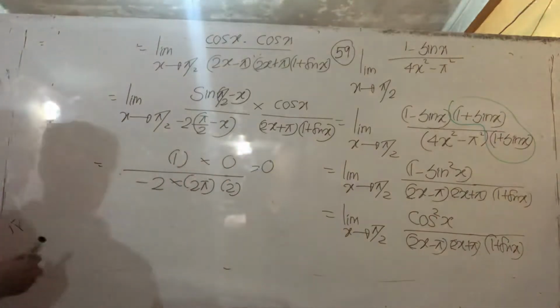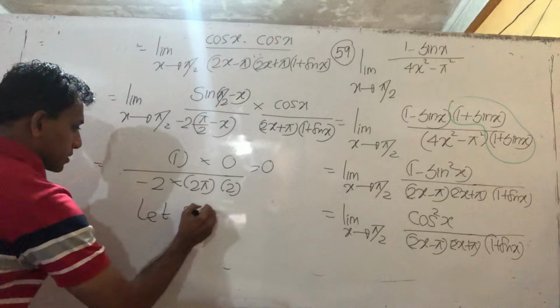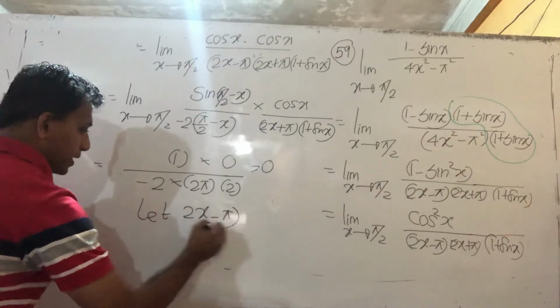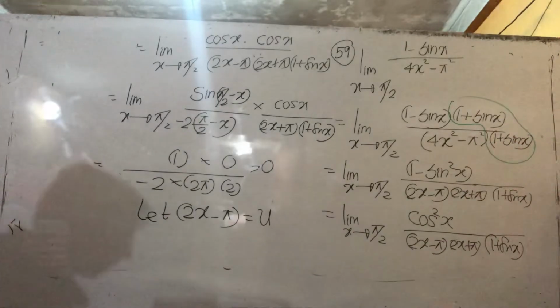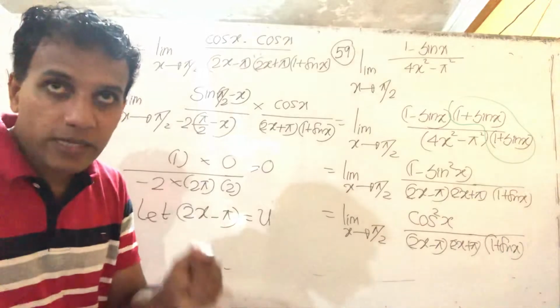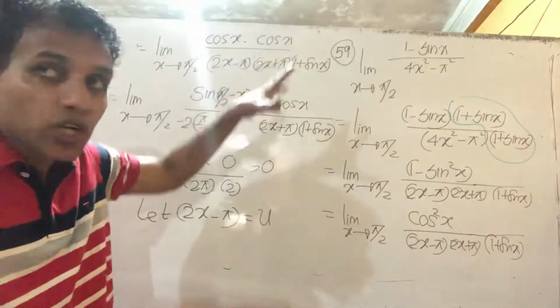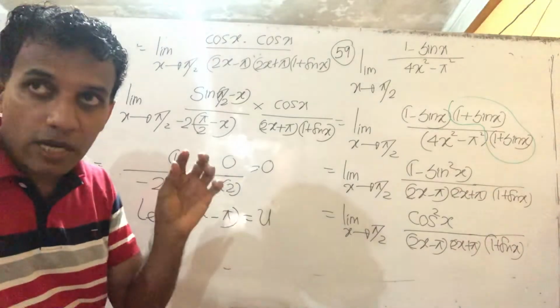Second method: let 2x minus pi be u, right? If you use any substitute method, the entire question should change to the u format, in terms of u.